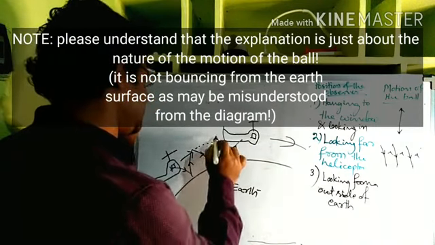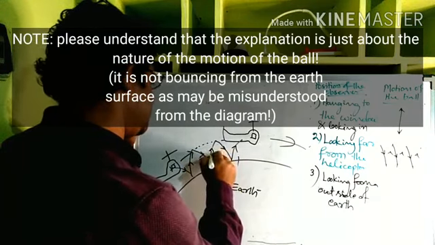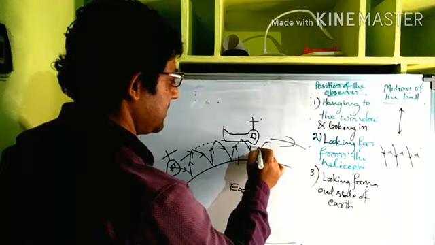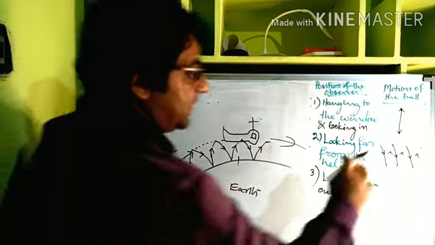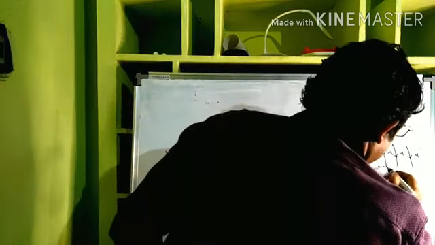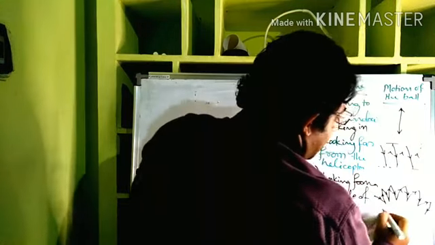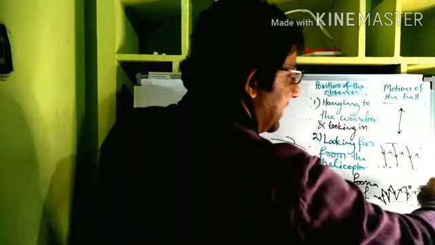Comes like this, goes like this, comes and goes like this, right? Here it looked like it was between two straight lines only; here the same motion will be visible like this now. Did you understand? So the earth's surface will look like this, and it will be bouncing like that only.